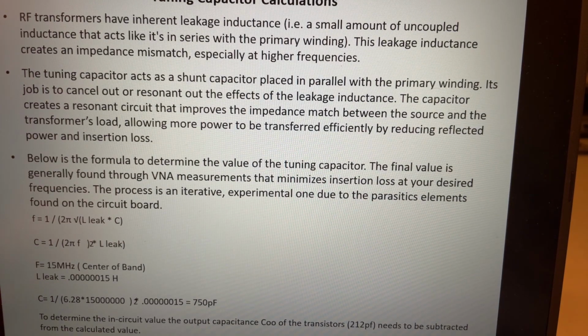And again, this is just the formula for resonant frequency, rearranged to calculate for C. So C would equal 1 divided by 2 times pi times the frequency, squared, times the inductance value. When you go through the math, you're going to get 750 picofarads.